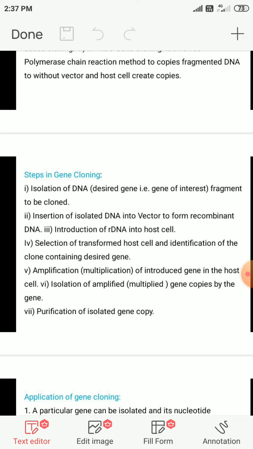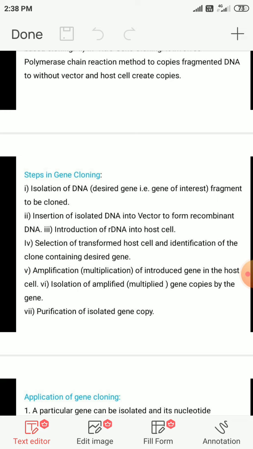And the fourth step is selection of the transformed host cells and identification of the clone containing the desired genes. Now fifth is the amplification, that is the multiplication. The amplification or multiplication of the recombinant DNA is a very important stage in genetic engineering as well as in gene cloning.